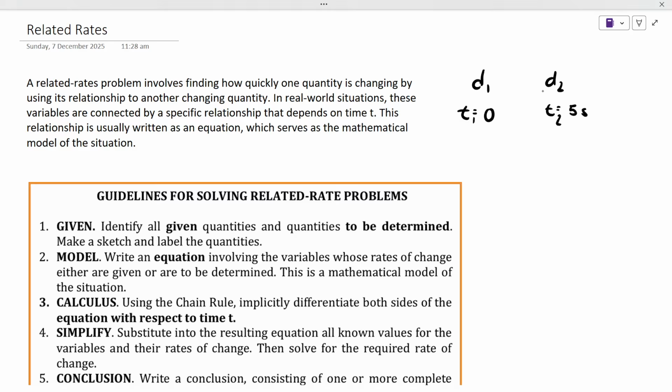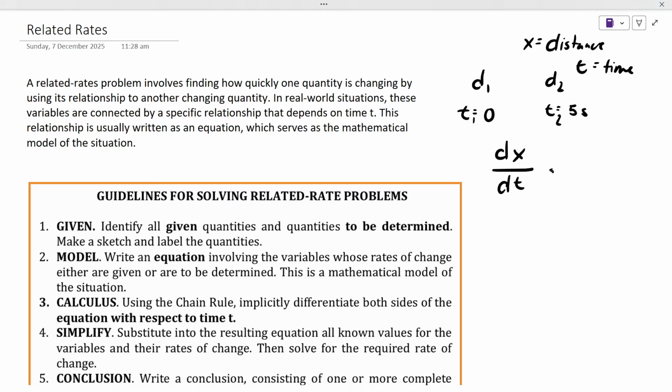To express these changes in distance over changes in time, we denote it by dx over dt, where x represents the distance and t represents the time.